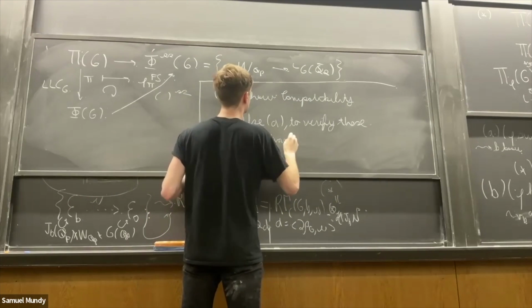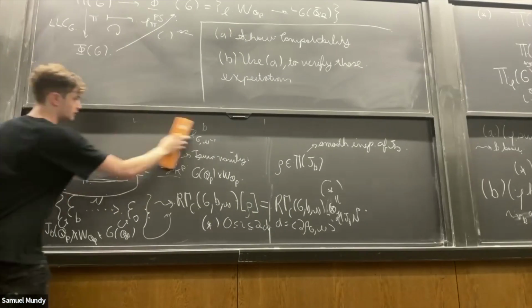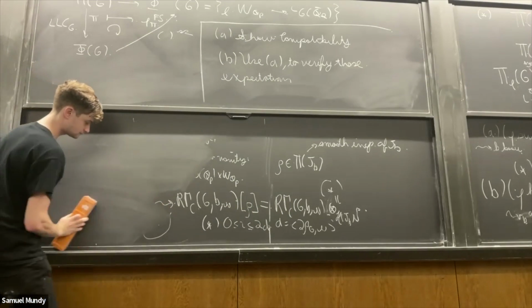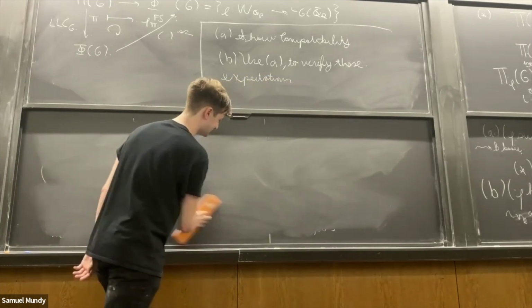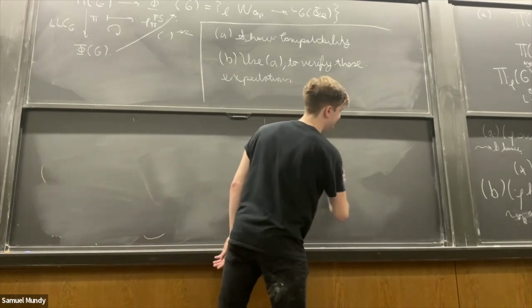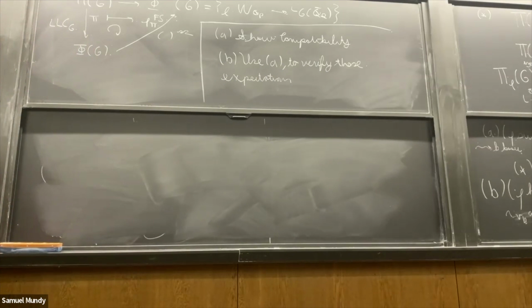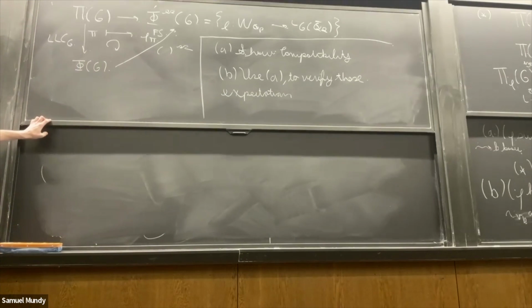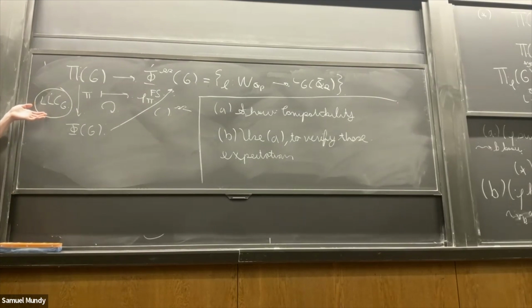So let me start with telling you a little bit about A. Again, I don't really know how I'm supposed to talk about this stuff. Can you just say again what all the arrows are in the diagram? Oh yeah, sure. I'm just saying that, say you have some candidate for the local Langlands correspondence, like the Harris-Taylor correspondence.